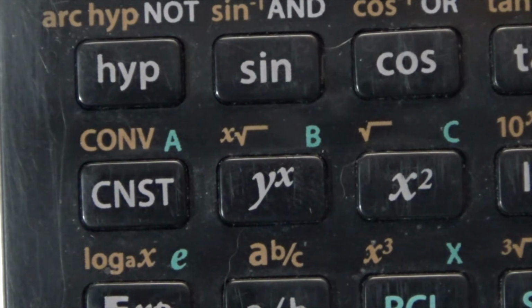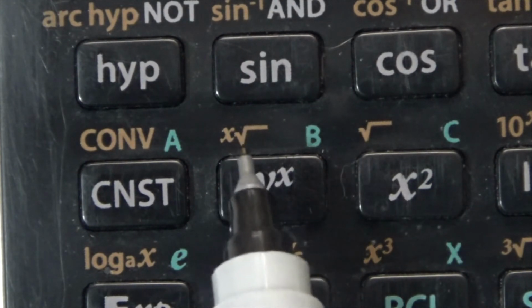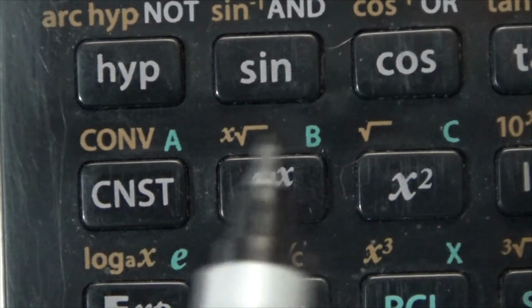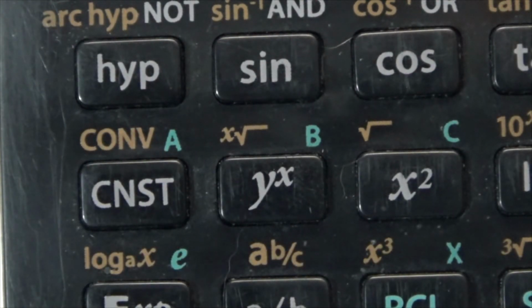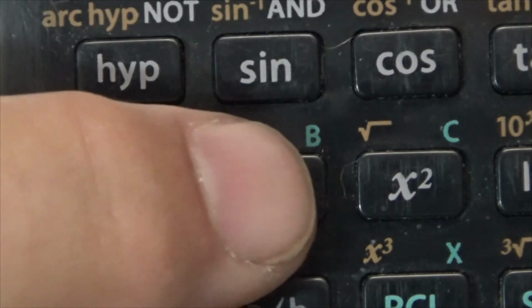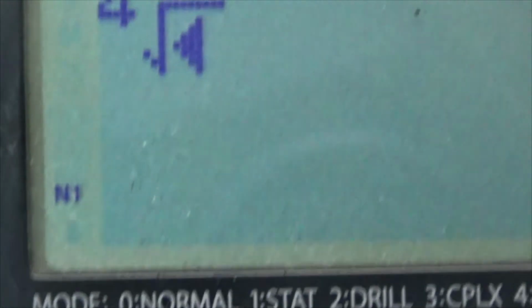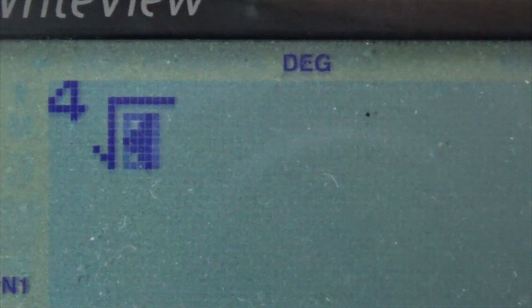I know you can't see it, so I'm focusing on that. First thing I need to do is hit the number 4, and then I'm going to hit second function, and then that button. So what that looks like on my calculator is that right there.